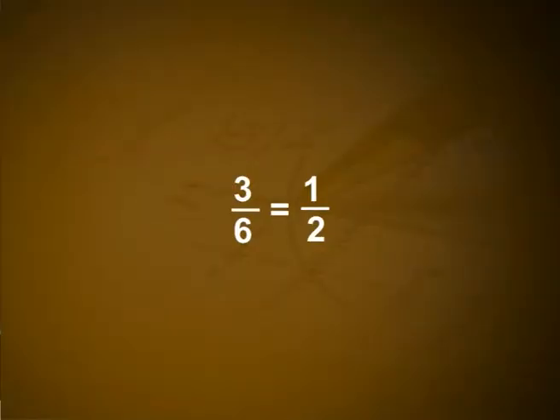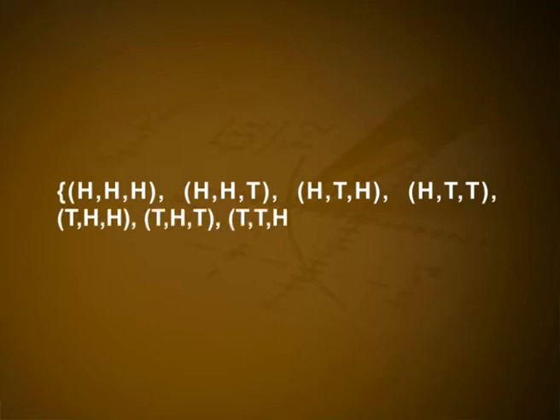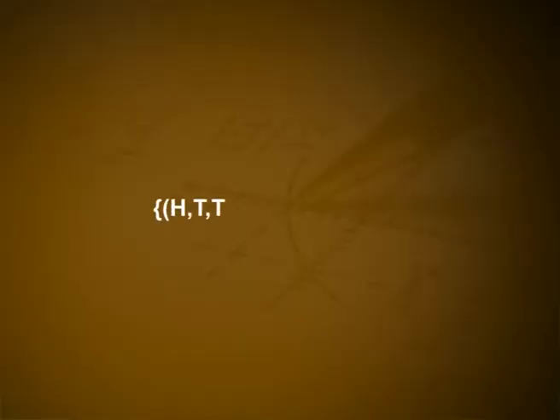Next example, in the random experiment of tossing 3 fair coins, the sample space is the set of triplets HHH, HHT, HTH, HTT, THH, THT, TTH, TTT consisting of 8 outcomes, where H stands for a head and T for a tail. The probability of getting exactly one head is 3/8, since the set of triplets HTT, THT, TTH is the corresponding event.